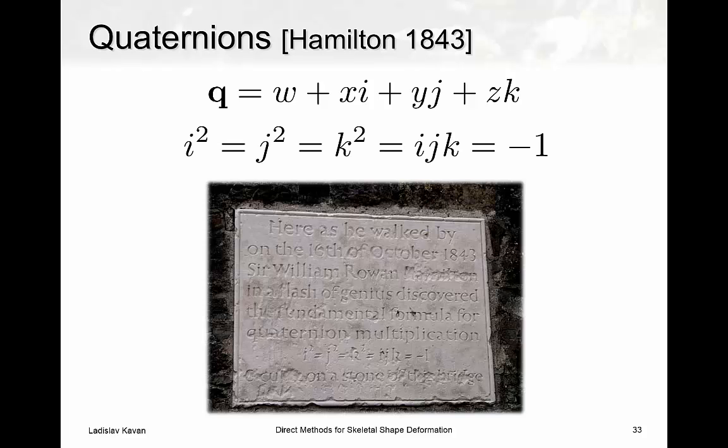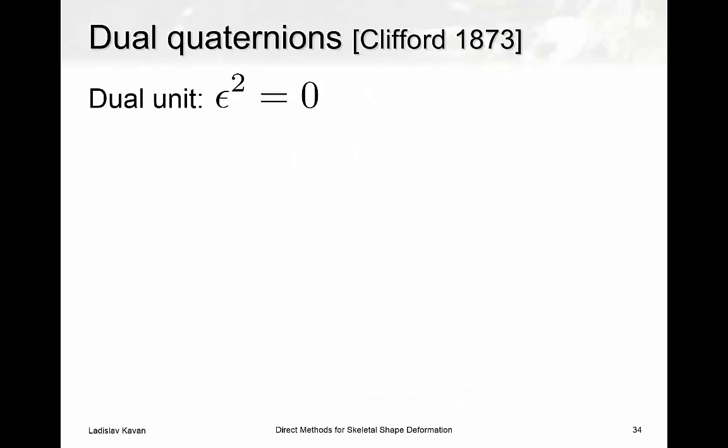And that's what we already talked about one of the few lectures ago. I even told you the bridge story, remember that? So those are regular quaternions. And dual quaternions were discovered 30 years later, also in the 19th century, by another genius mathematician called William Kingdon Clifford. If you have heard about Clifford algebras, then dual quaternions are actually a special case of Clifford algebras. Some people also call them geometric algebras, with a little bit different flavor to it.